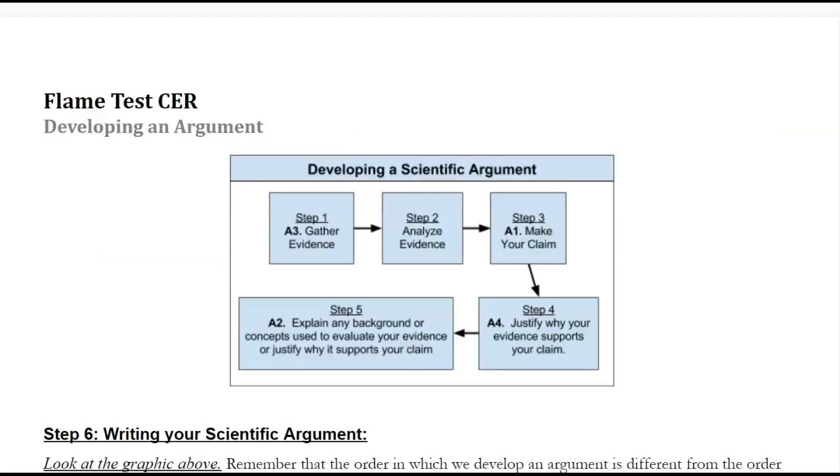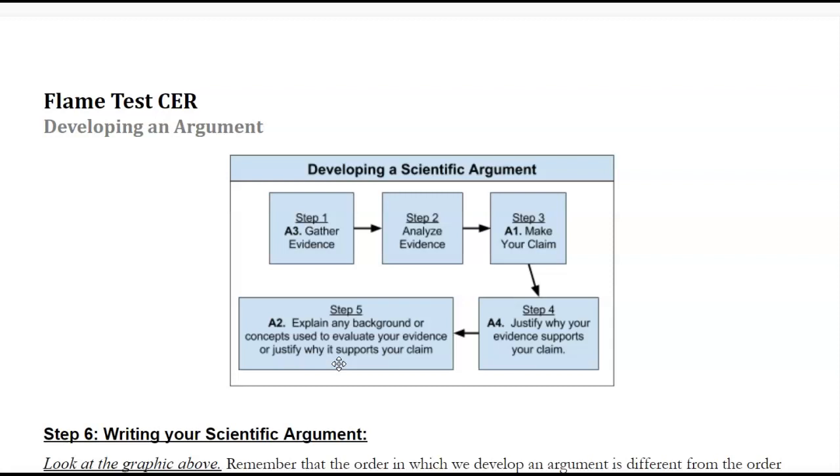It was part 2, which is writing your scientific argument. It gives you the same step-by-step process up here. And if you notice in the box where it gives you the graphic, step 1 was to gather evidence, but it's listed as A3.